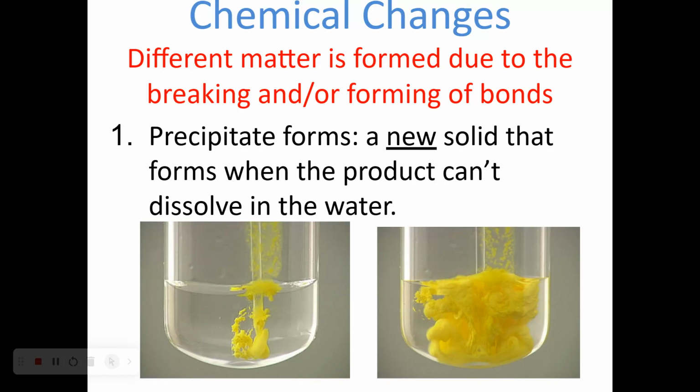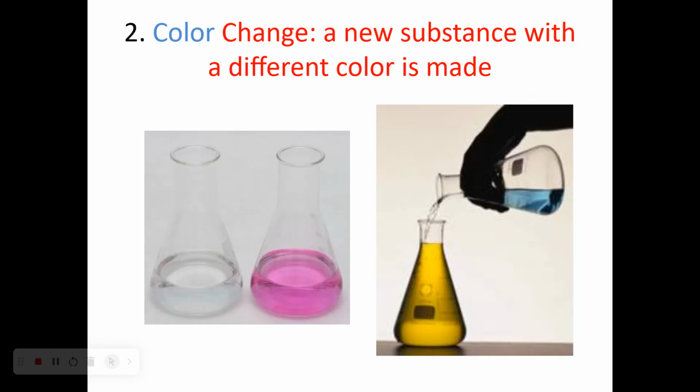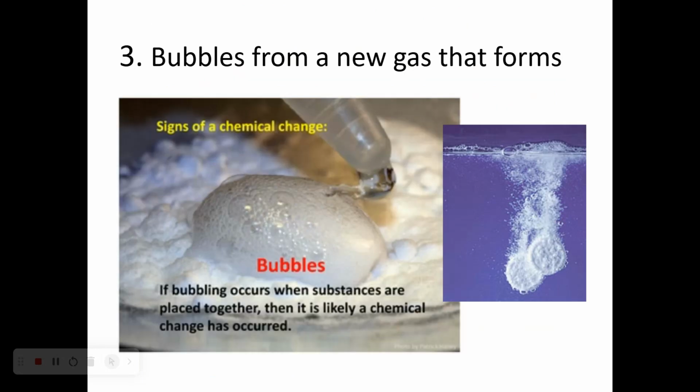Okay, the next sign of chemical change is a color change. In this case, we've got a new substance with a different color that is made. So when you see a color change, like clear to pink or blue to yellow, you know that a chemical change has occurred. The pretty telltale sign. All right, here's another sign of chemical change, and that is bubbles from a new gas that has formed.